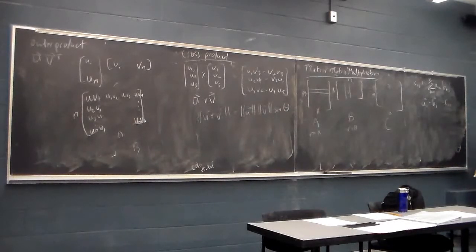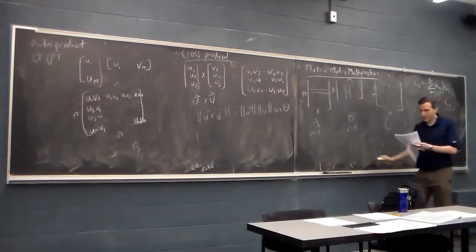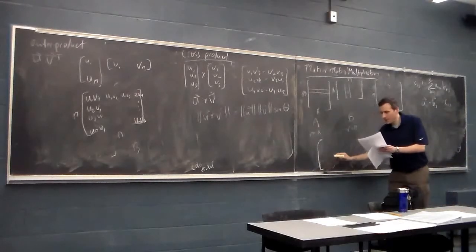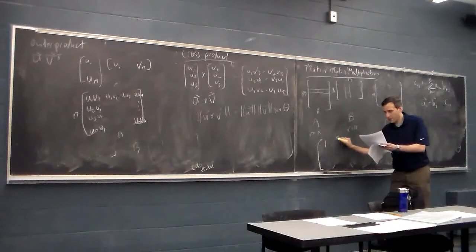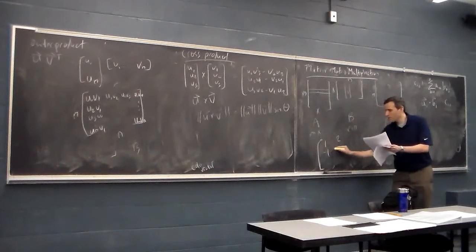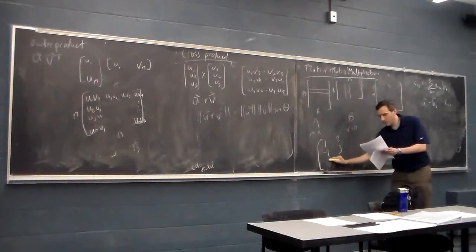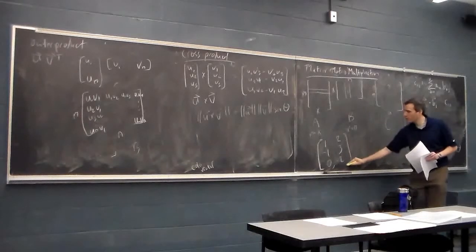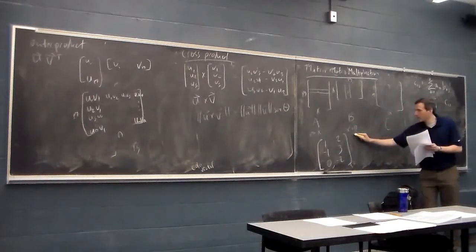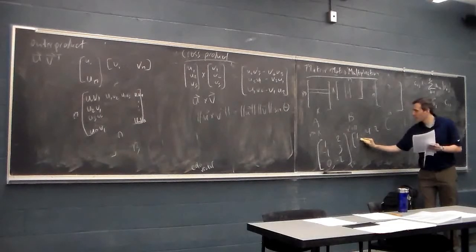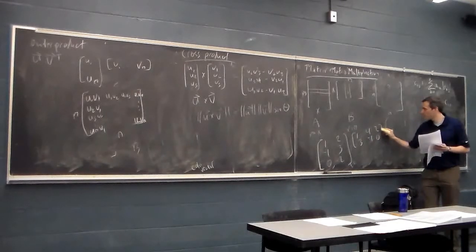Okay, so let's take an example, and that should make things a bit easier to see. Let's say we've got our matrix A as the matrix with elements 1, 2, minus 1, 3, 0, minus 2, and matrix B we will say is then 1, 4, 2, 3, minus 1, 0.